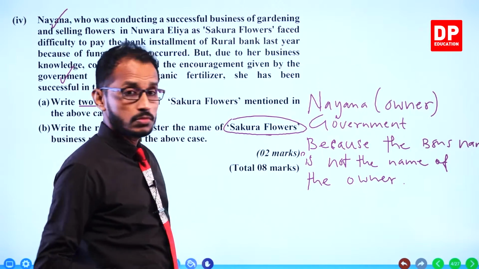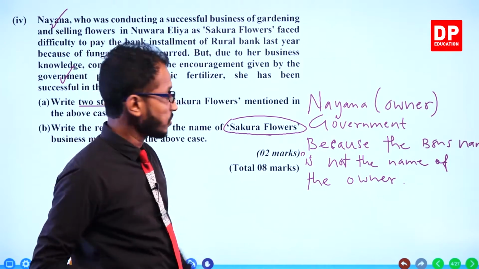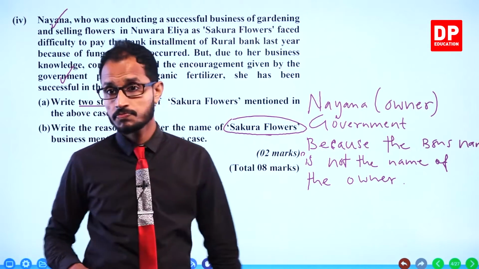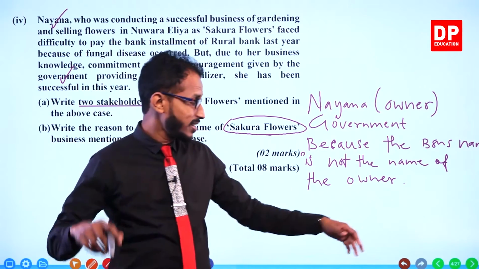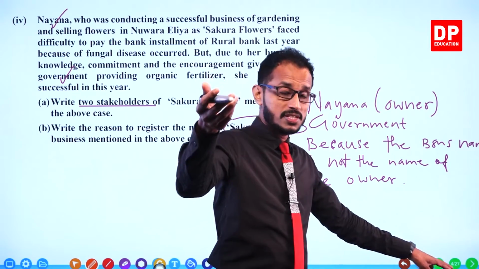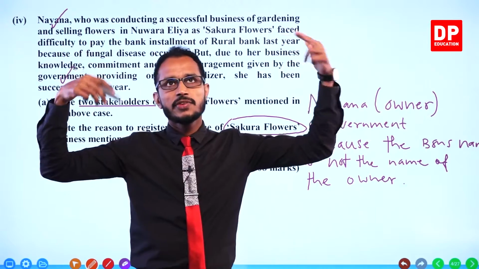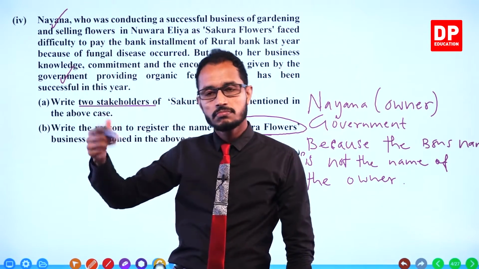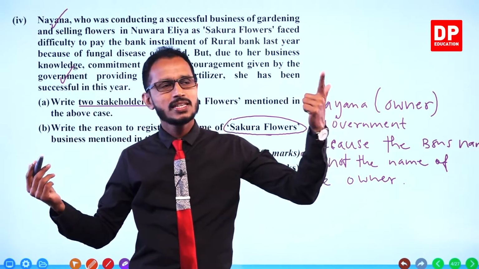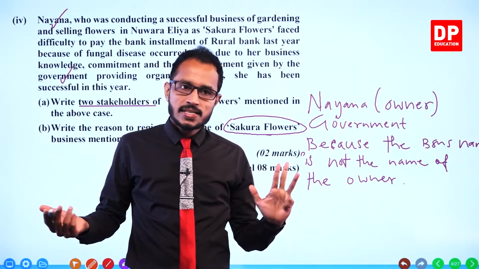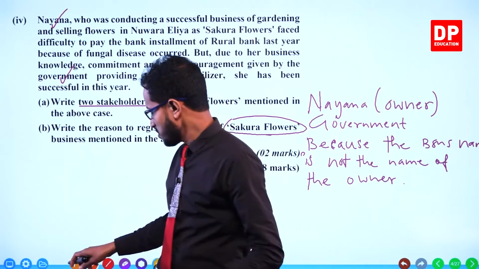Children, now I want to draw your attention to this. See, 2 marks. In the earlier papers that we did, like the provincial papers and past papers, 2016, 17, 18, 19, 20, we have done all those papers.